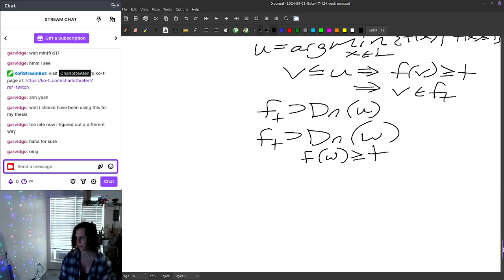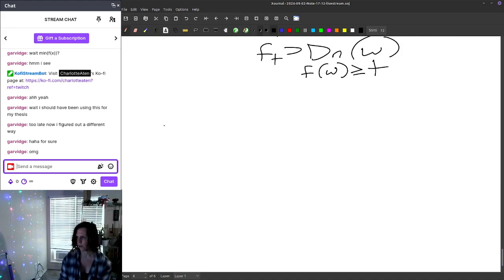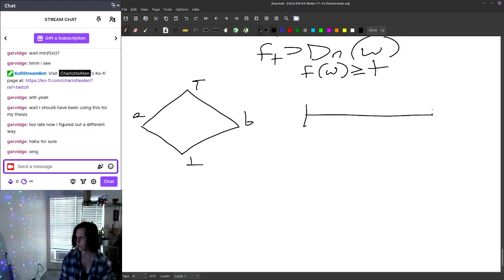So let's think about how this could happen in our example. In our example, remember, it looks like this. How could we actually assign these values between 0 and 1?